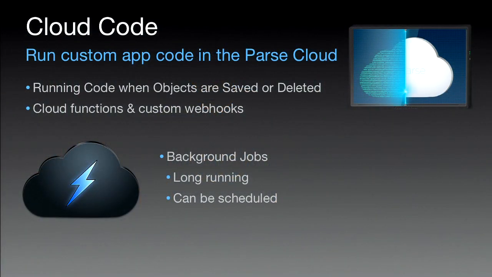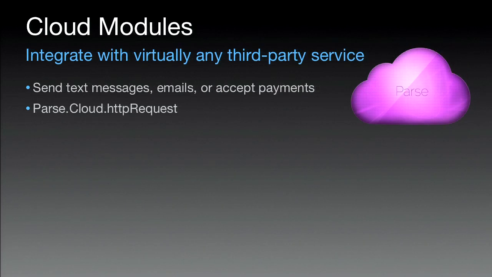And as of today, we have introduced background jobs. These are long-running jobs that have no timeout, and they can be scheduled as many times as needed. Another thing that Cloud Code lets you do is integrate with third-party services.